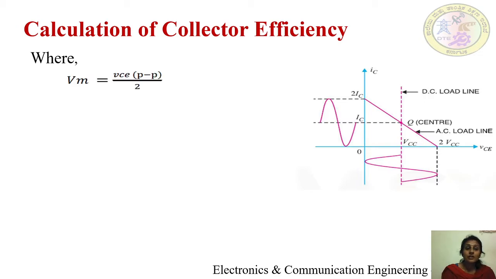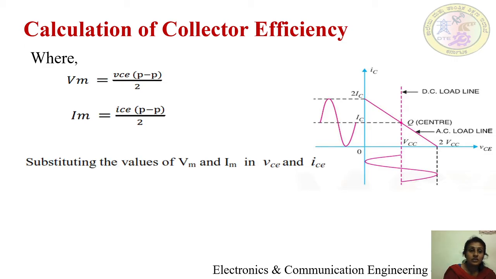Here Vm is equal to VCE peak to peak by 2, where Vm is the maximum voltage. Similarly, Im is ICE peak to peak by 2, the maximum value of current.